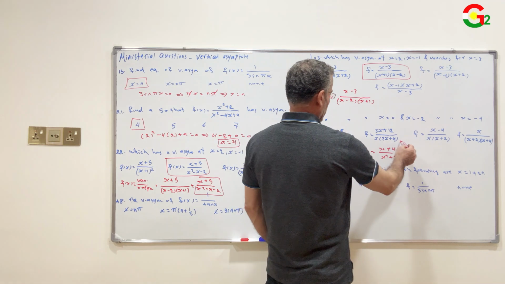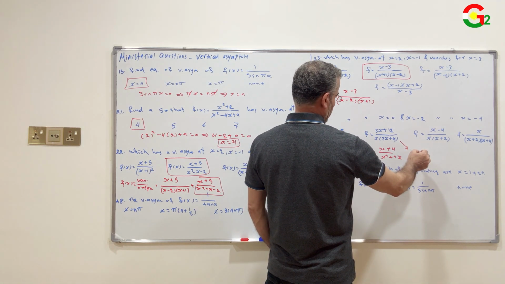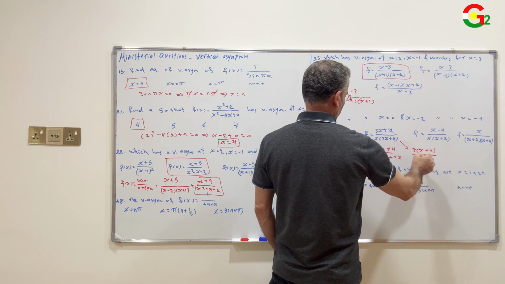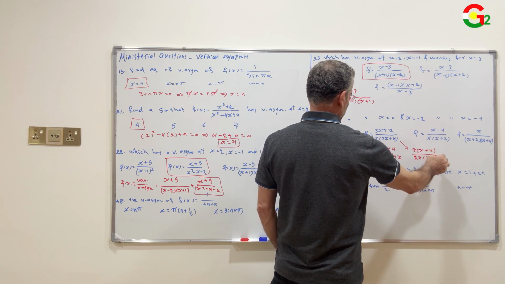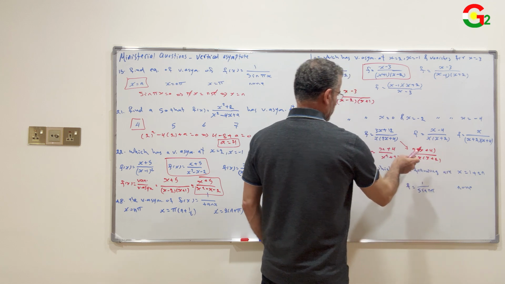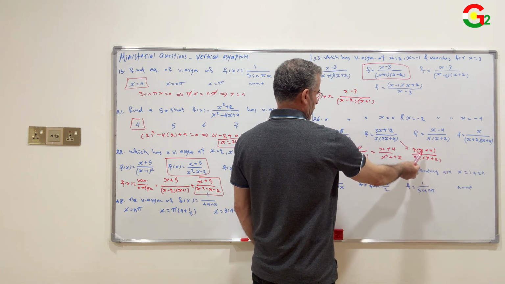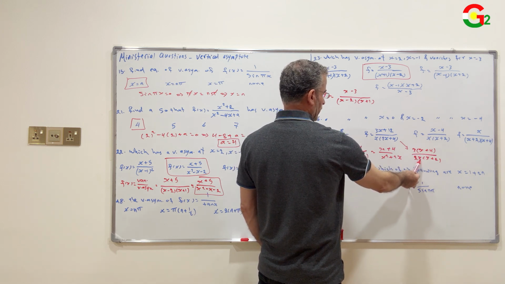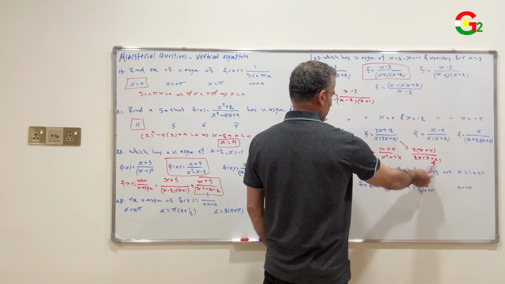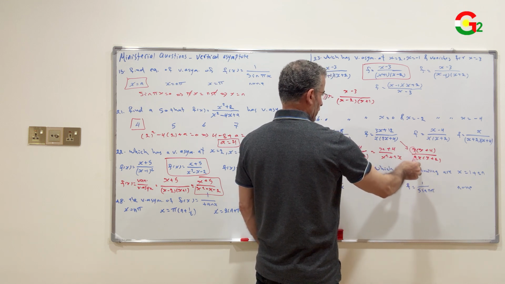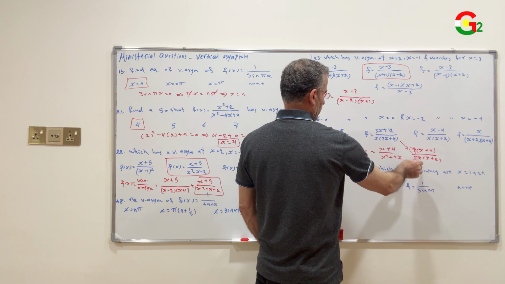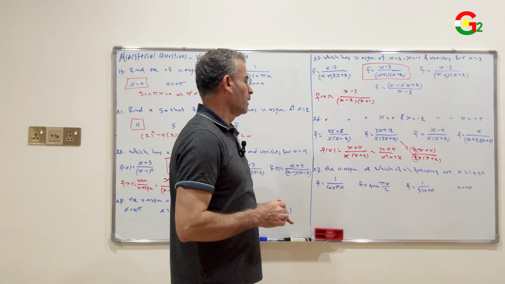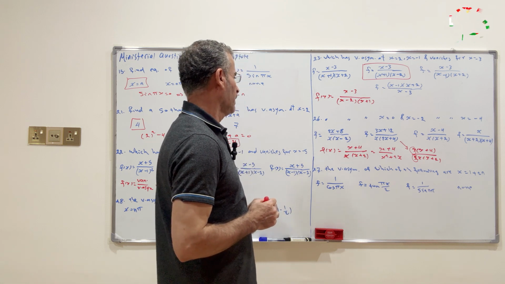It is this function, since I can rewrite it as 3x plus 4 over 2x times x plus 2. Therefore, this function vanishes when x equal negative 4 and has vertical asymptotes at x equal 0, x equal negative 2. The constant doesn't affect the vertical asymptote and the vanishing.